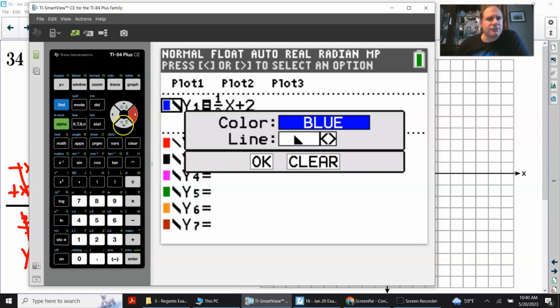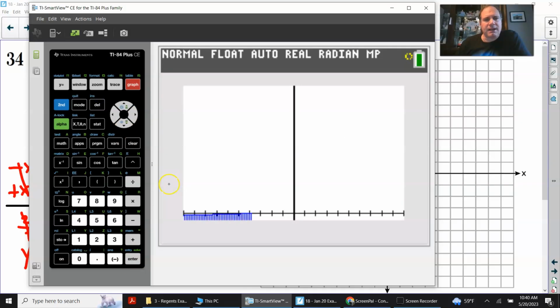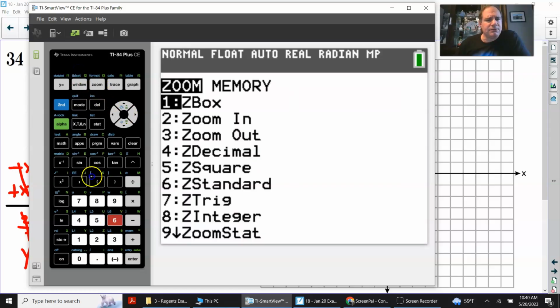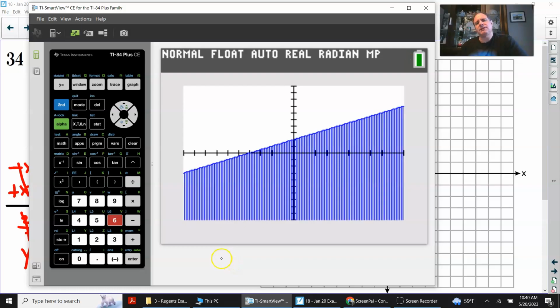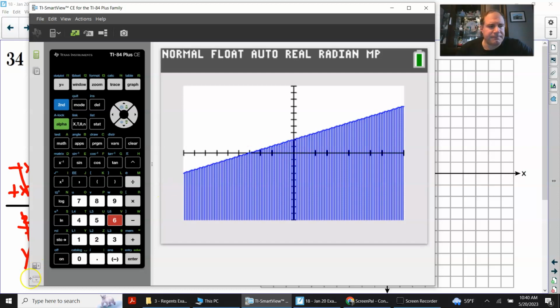That's less than. Then you will go to OK, and you could go ahead and graph that line. See, now this right here is where I messed with the window. So you press zoom and standard, and you'll get back to the original window, 10 by 10, and that is what I have to graph.